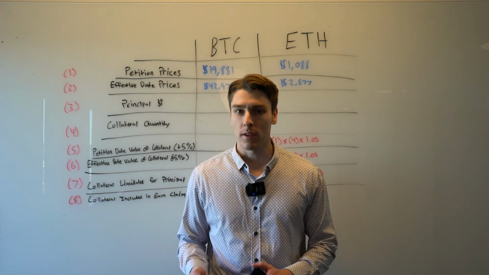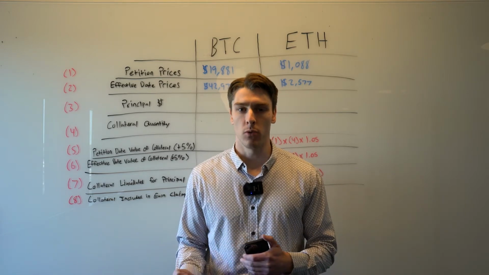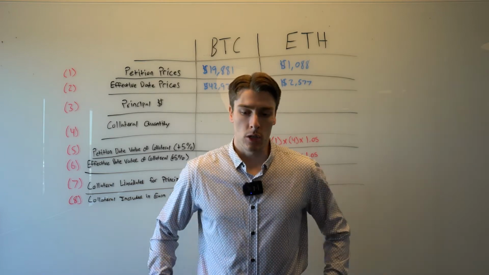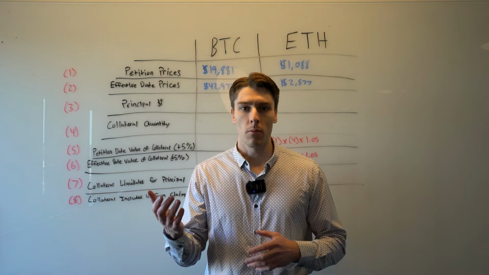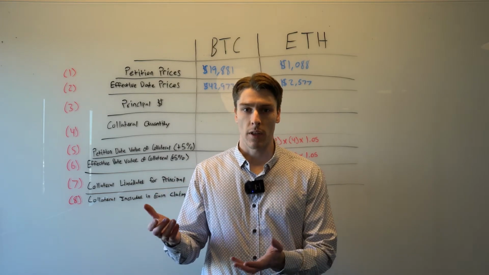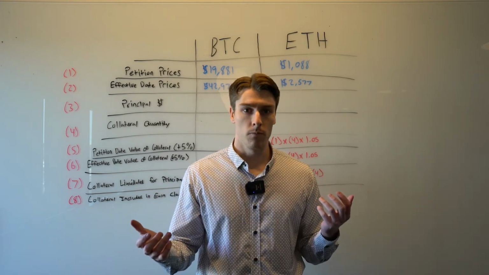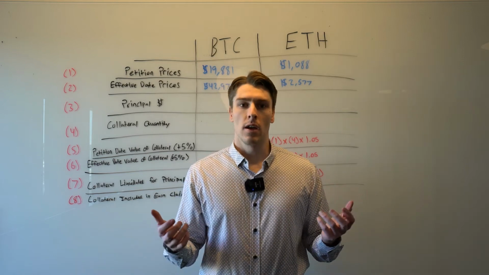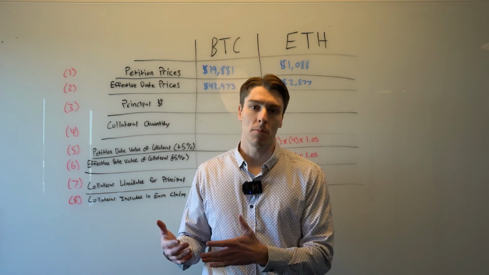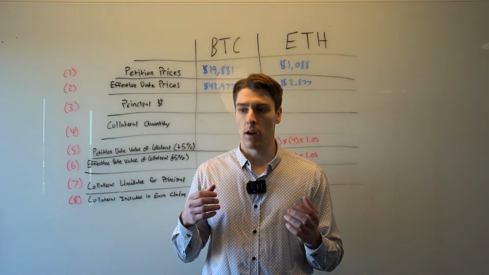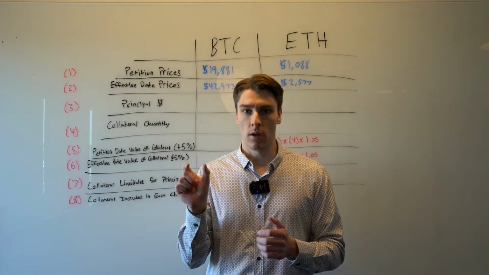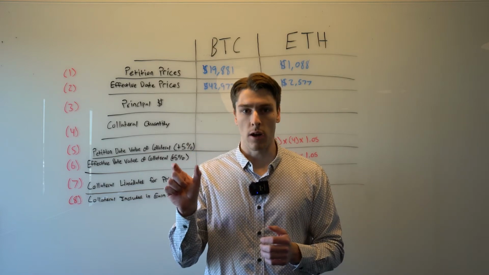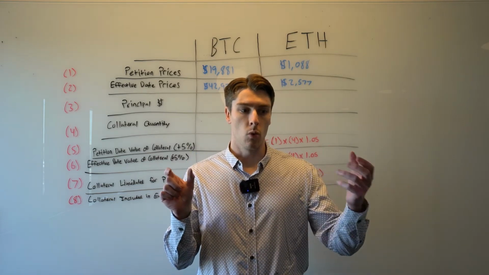Before we get into the calculation behind me, I just want to talk a little bit about what happened and how the loan is being recognized. In short, you submitted either Ethereum or Bitcoin as collateral, and then you received a loan, most likely in USDC. When the bankruptcy happened, Celsius said, we'll take a portion of the collateral that we already have and we'll just give you the loan.